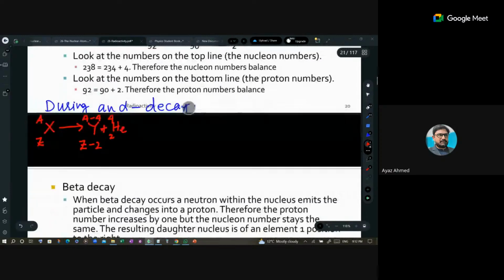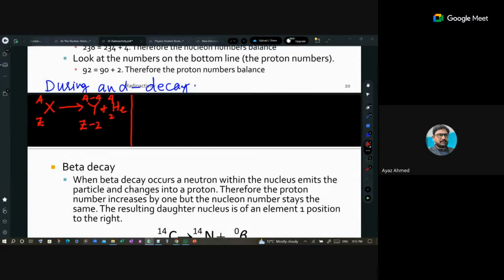I'm going to write a simple notation over here: during an alpha decay, the proton number, I mean Z, is decreased by 2.